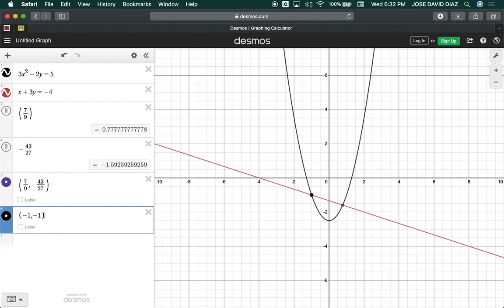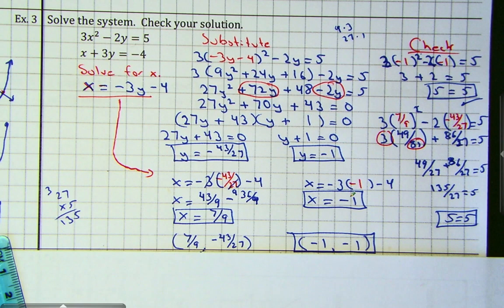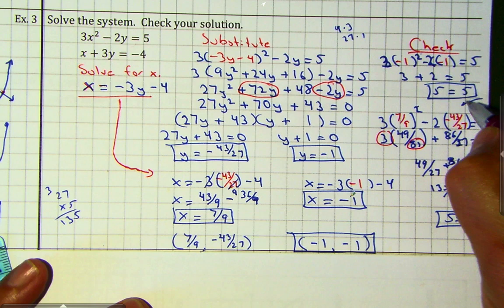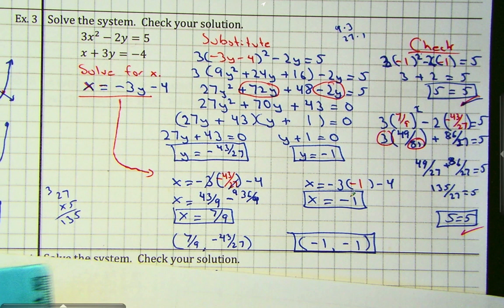Whichever way you prefer to do it. Some of your homework problems will ask you to do it algebraically. Some of them will ask you to do it graphically. And you just need to be able to make a very quick sketch on your homework of this graph. Or you can also use your graphing calculator if you prefer. So those are your correct answers, and we double checked that they were correct. We checked it algebraically and also graphically.